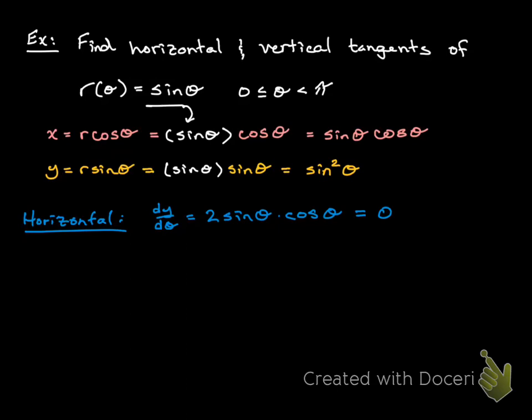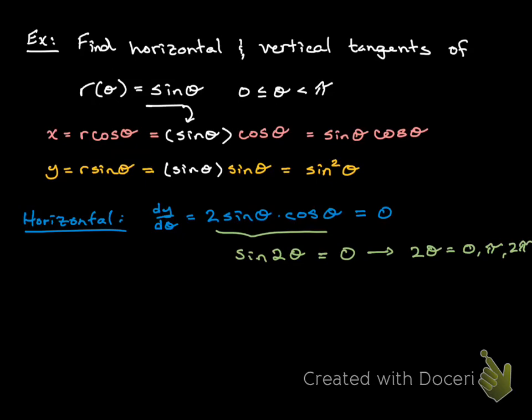So I need to figure out when sine and cosine give me 0 at once. Well, if you notice, it's a little bit easier. This is a double angle formula. Sine of 2 theta equals 0. So when is sine of 2 theta equal to 0? This is true when 2 theta is equal to 0, pi, and 2 pi. Now, of course, 2 pi is outside of my domain.